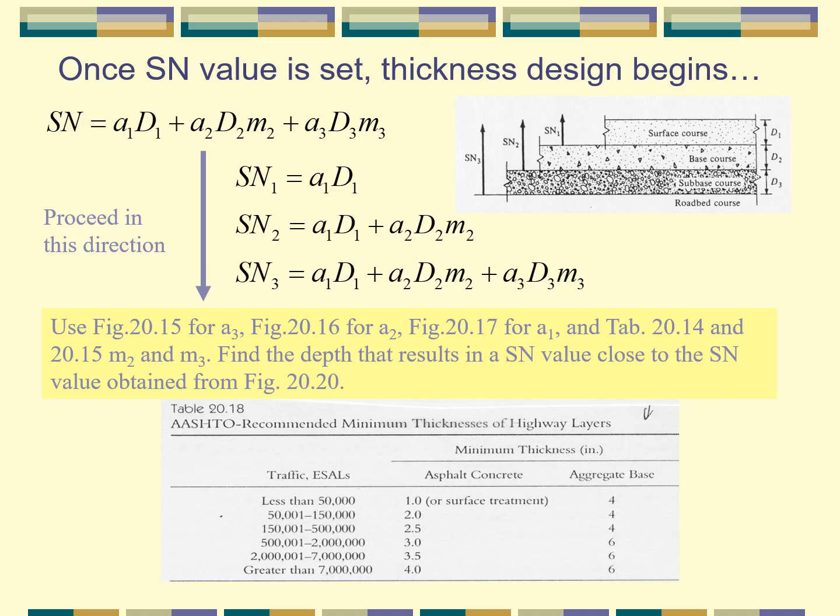So simply you can say you will have to use the modulus of resilience of subgrade, subbase and the base course one by one to get SN3, SN2 and SN1 respectively. I have already shown this equation for the structural number SN that is meant for the entire pavement: A1 D1 plus A2 D2 M2 plus A3 D3 M3. And SN1 can be written as this one, SN2, and this is the equation for SN3.